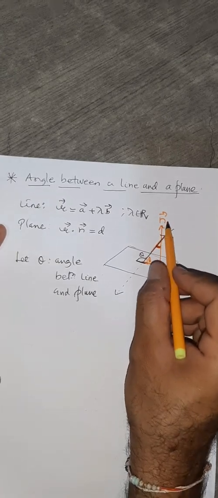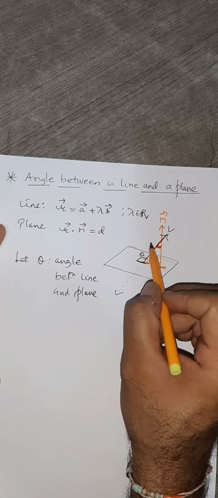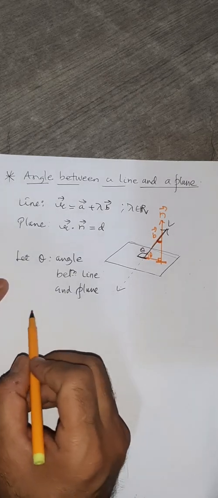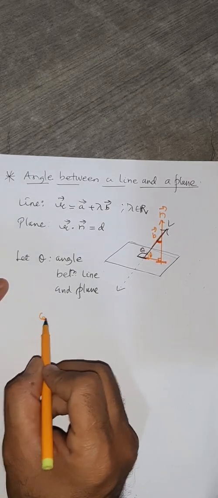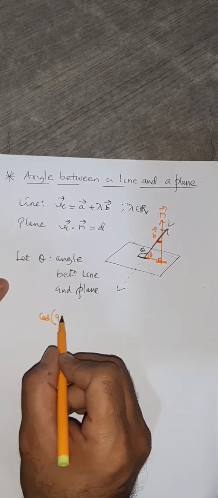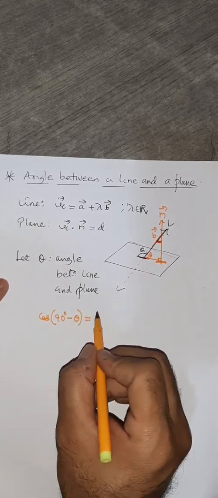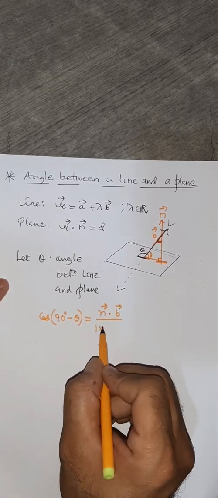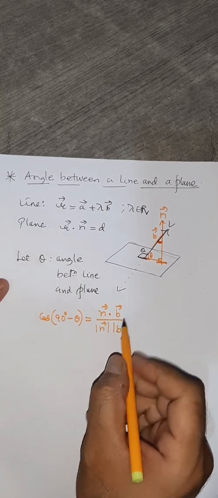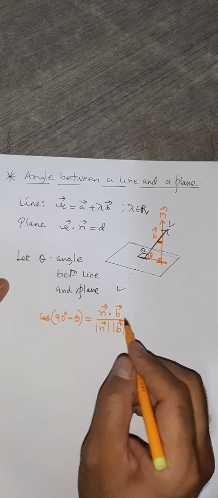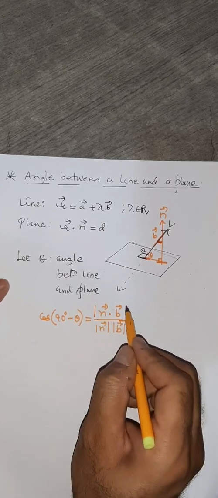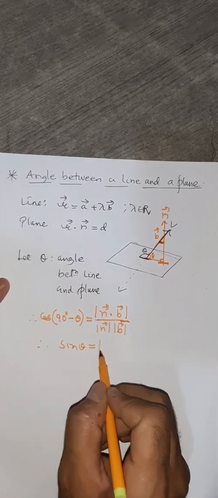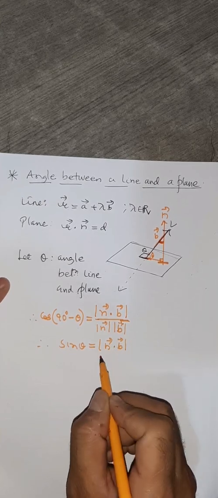This is the angle between the normal to the plane and the direction of the line, which is vector B. So if I use that formula, cos of 90 minus theta, which is the angle between the normal and the direction of the line, upon their magnitude, with obviously this again an acute angle, so we put the modulus. Now what is cos 90 minus theta? It is sin theta. So you have this much upon their magnitude.